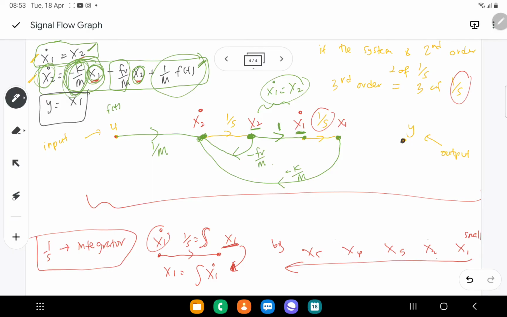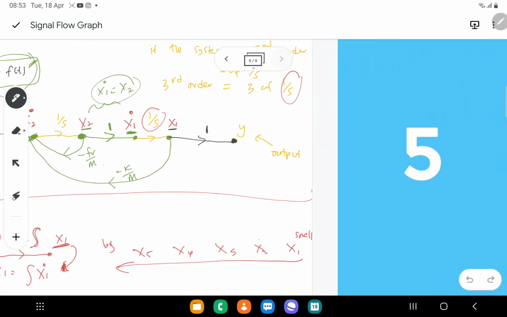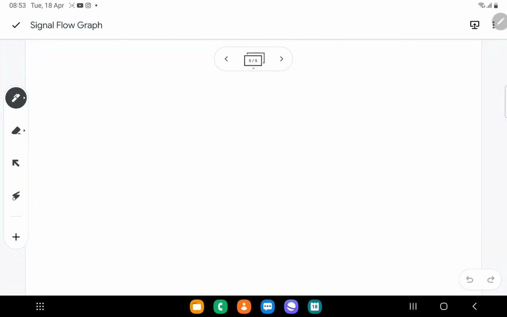So this is your y, equal to x1. Finally this is your signal flow graph.